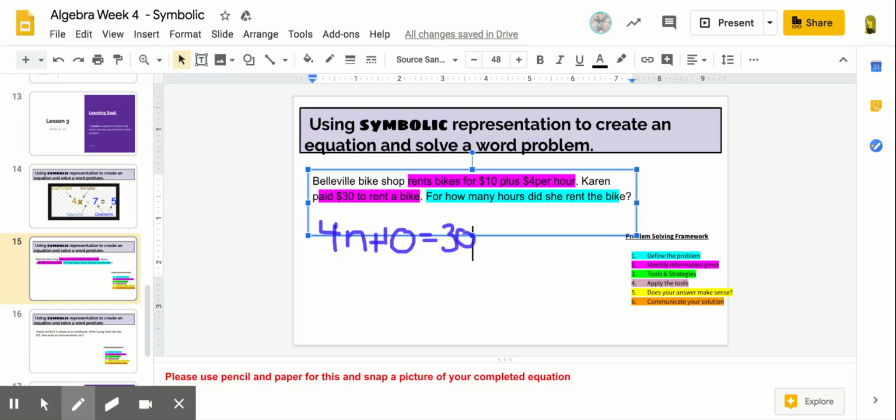Now we can begin to solve, but we should really go to our tools and strategies first. You could also have done tools and strategies before creating the equation.